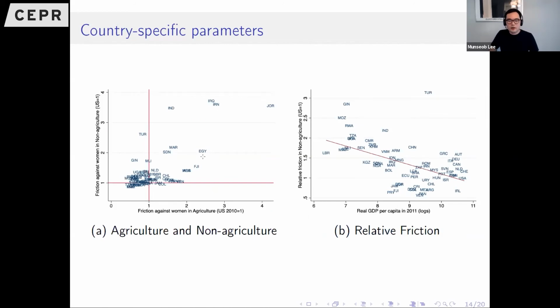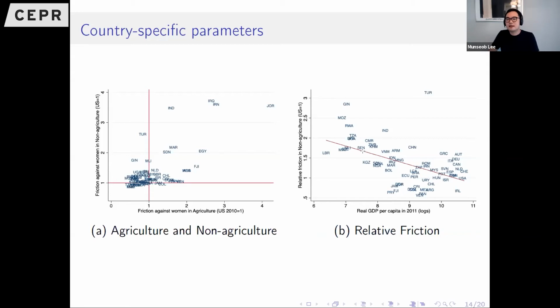So those are the estimated taus. I'm going to focus on the panel on the right. This is the relative friction, normalizing the US to 1. In the low income countries, you see that the female workers are facing higher friction in the non-agricultural sector relative to the agricultural sector.